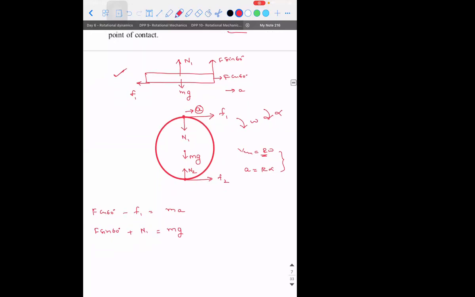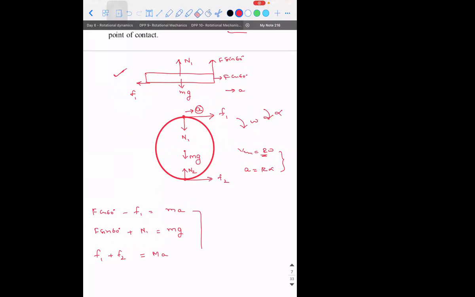Right? Similarly, for the cylinder, can I say frictional force 1 plus frictional force 2 is equal to mass of capital M into A? Now apply. So these are all the equations.